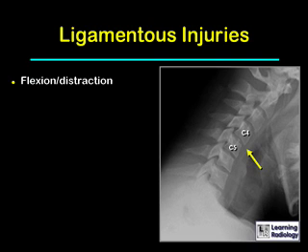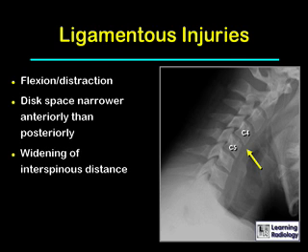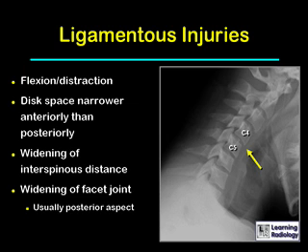Ligamentous injuries usually are produced by a combination of flexion and distraction. The disc space may be narrower anteriorly than posteriorly. There may be widening of the distance between the spinous processes, and there may be widening of the facet joint, especially posteriorly.